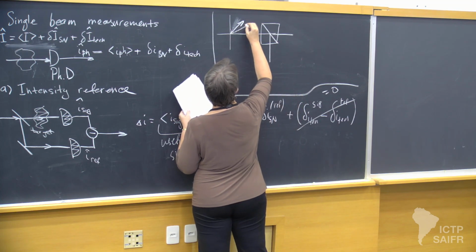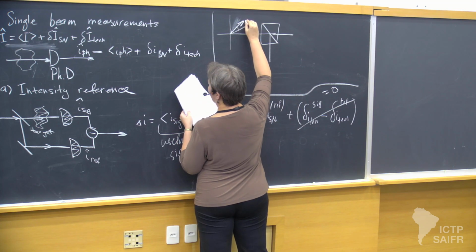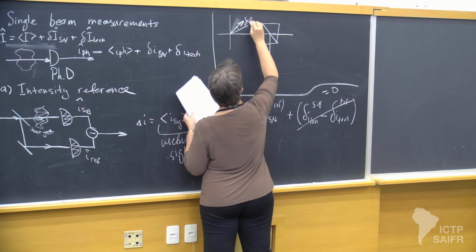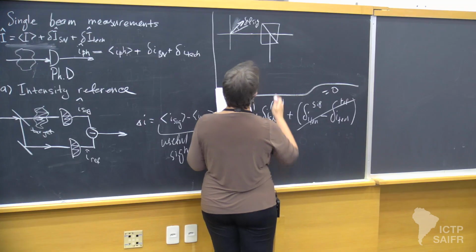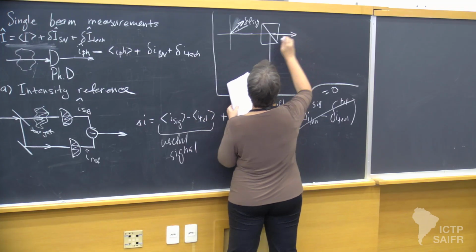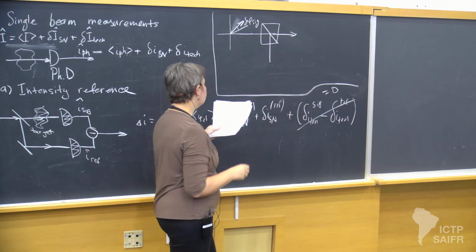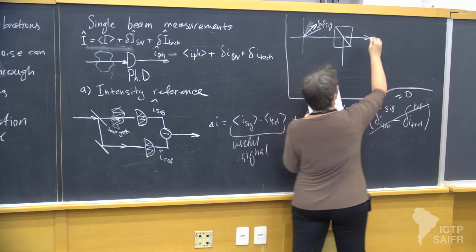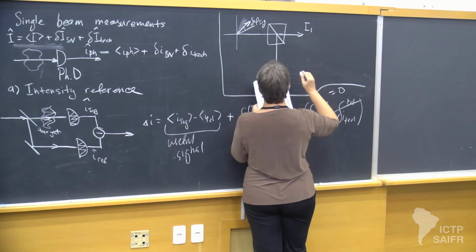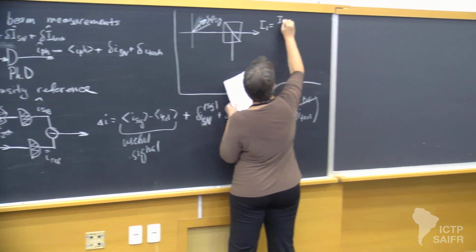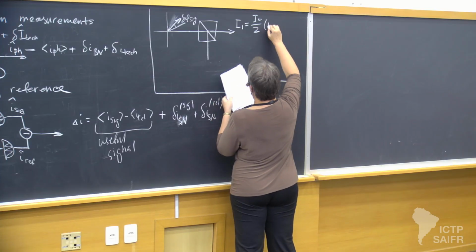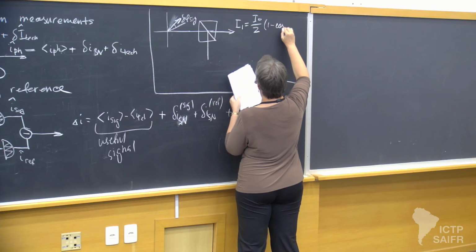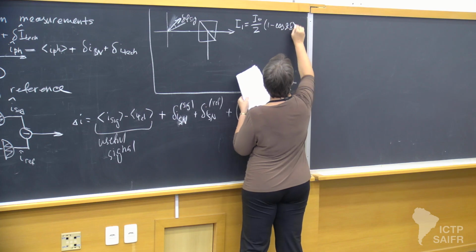And if then polarization changed by the small angle delta phi, that's our signal change. The nice thing is that if we direct the main polarization at 45 degrees, then of course the intensity on one output is going to be your original intensity divided by half, 1 minus cosine 2 delta.